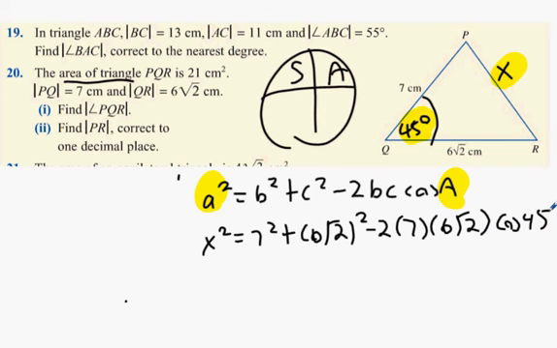Does somebody want to tell me what that is? 205. Square root 205. 14.3. Who got it out? Okay. No, it doesn't matter. Make sure you remember.